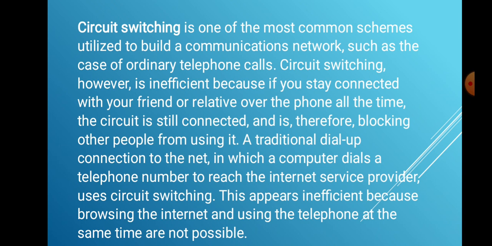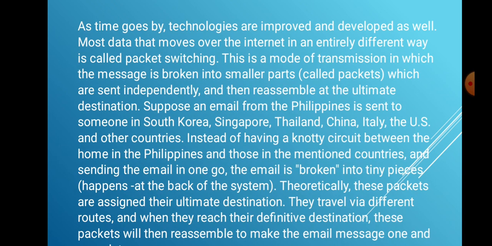A traditional dial-up connection, in which a computer dials a telephone number to reach the internet service provider, uses circuit switching. This appears inefficient because browsing the internet and using the telephone at the same time are not possible.